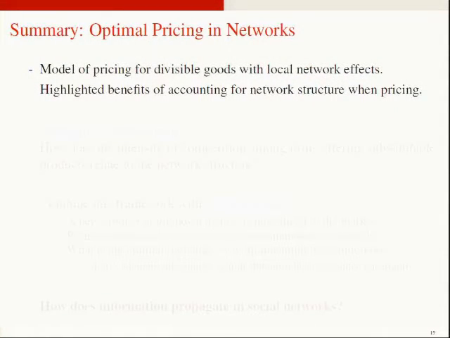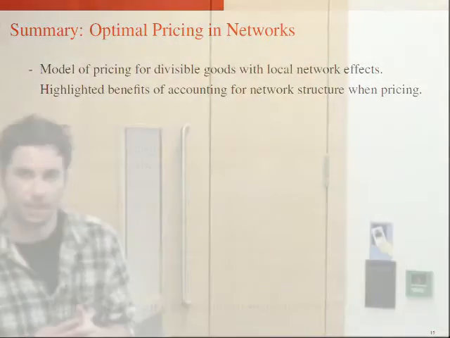So this summarizes the first part of the talk. What I described is a model of pricing for a divisible good when there are strong local positive effects, and the model highlighted the benefits of accounting for the underlying network structure.